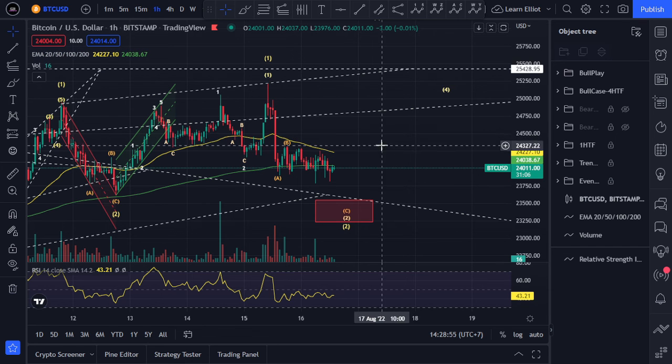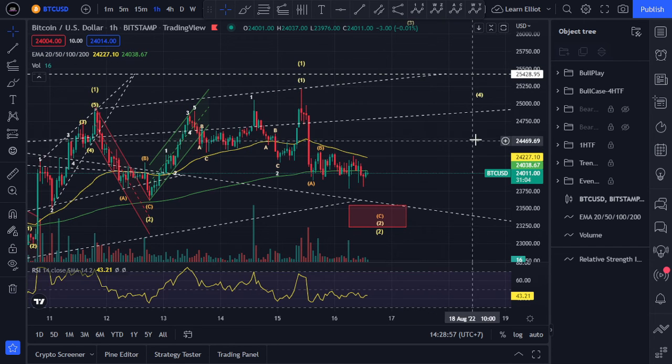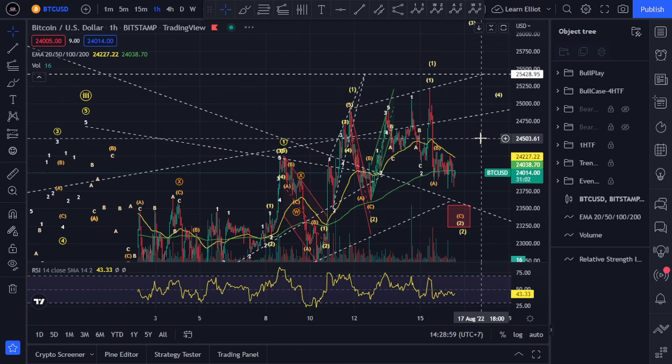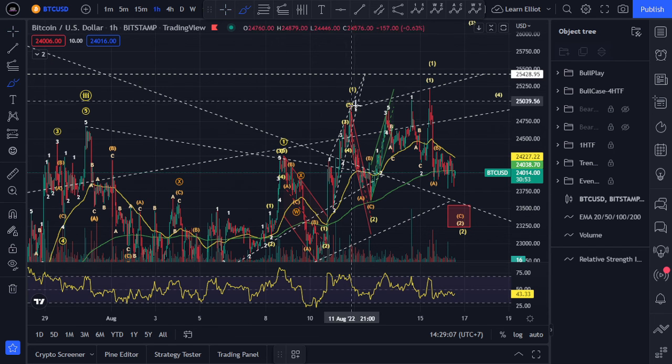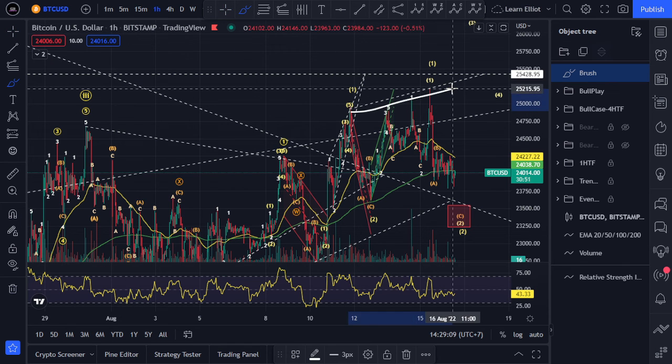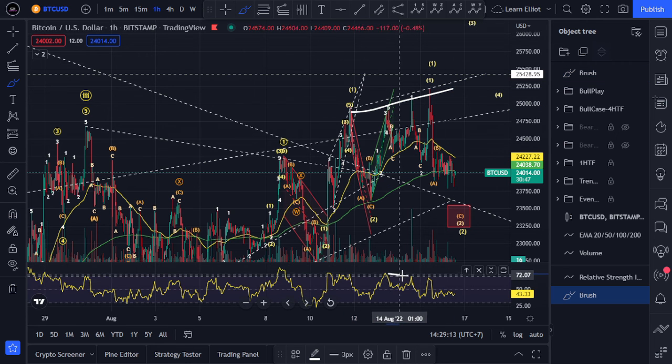Also I'm going to talk about the bearish divergence that we have from yesterday. I forgot to talk about it yesterday. It is clear that we have a bearish divergence. We have a higher high here and a lower high in the RSI here.